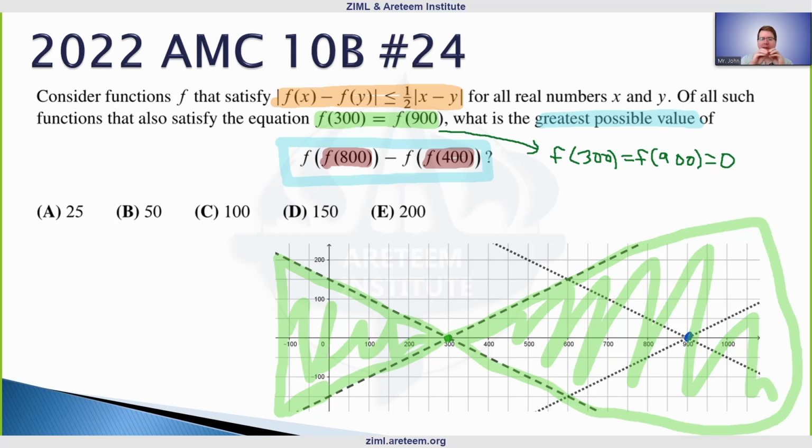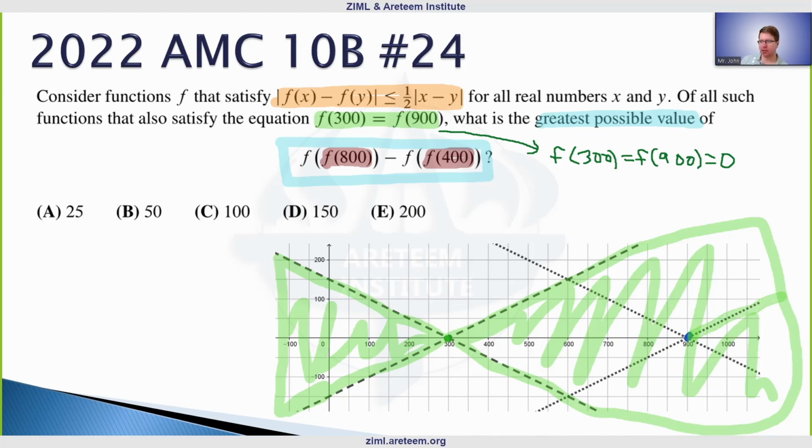From this 300 value, we have to stay inside that cone or triangle where we have a slope of plus or minus 1/2. If you added new points, you would still have to make sure you always have a slope less than or equal to 1/2. But in general, because we're looking for the greatest possible value, we want some extreme cases too.